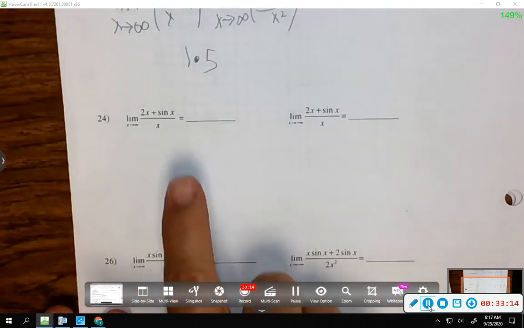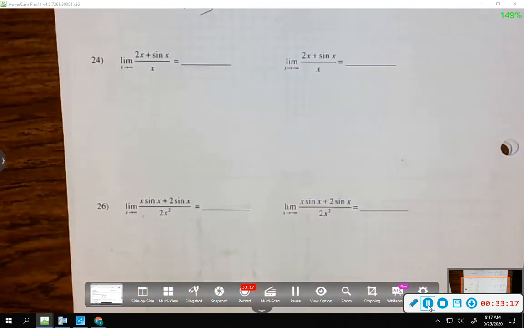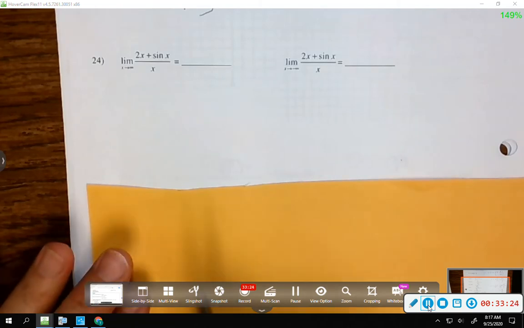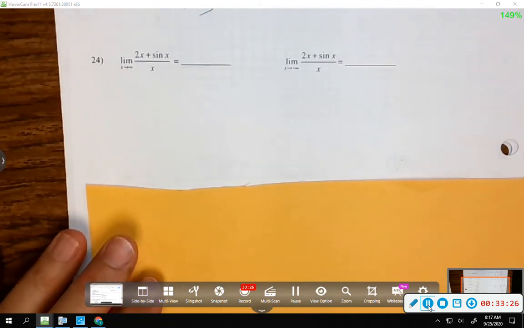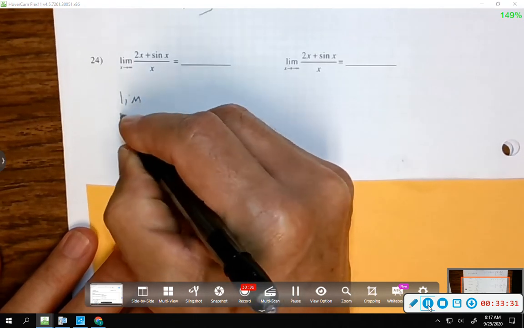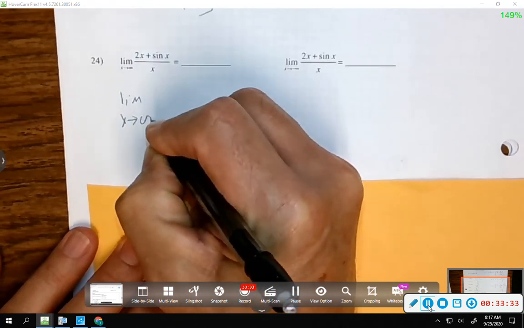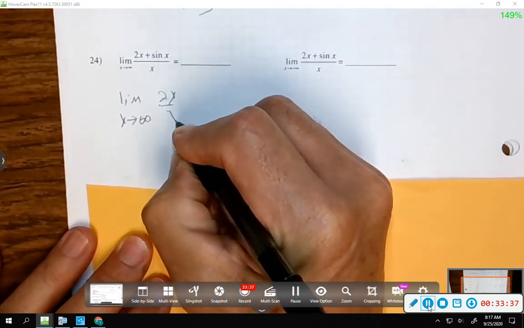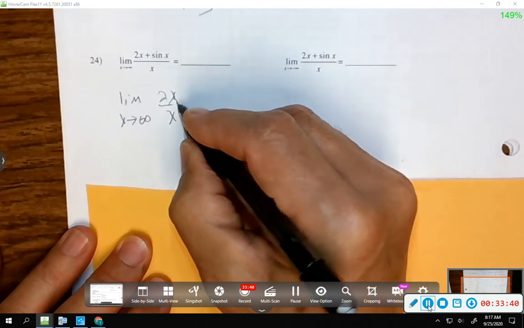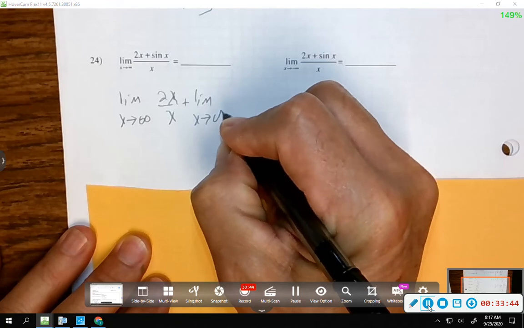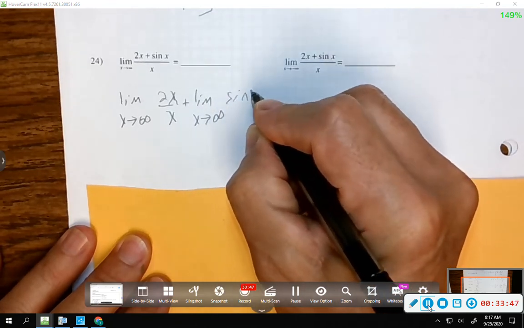Students sometimes want to do these as if it's the sandwich theorem or squeeze theorem. This is not a sandwich or squeeze theorem application. We're taking the limit as x approaches plus or minus infinity. So let's break this up. I can take the limit as x approaches infinity by separating the numerator over the common denominator, and then add the limit of the sine of x over x.